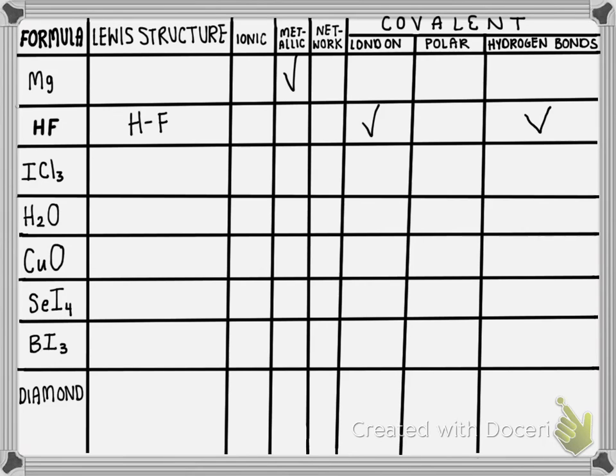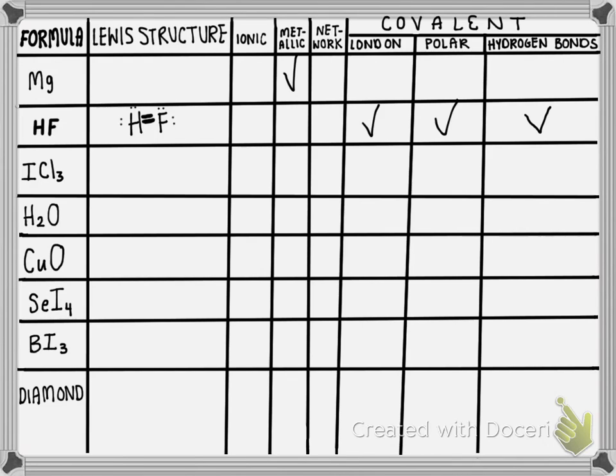Okay, so we're going to add the dots here, 2 on each, and then we're going to add 2 more. Now we can tell that there are lone pairs, and it is not one of the exceptions. So it is polar indeed.